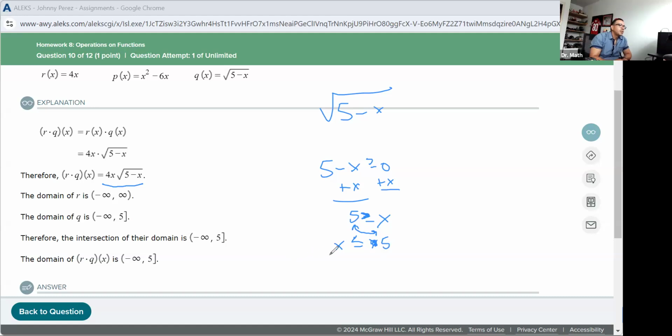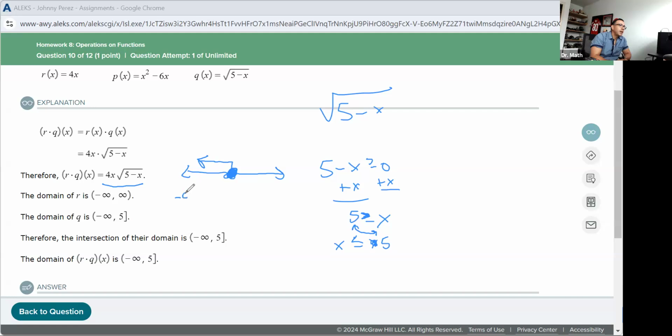So how do I write that? To help you, one thing I could do is a number line. If I have 5 and I have a closed circle, the reason it's a closed circle, remember, is because you have an equal sign. A closed circle means it's going to be everything to the left. So what numbers are to the left?